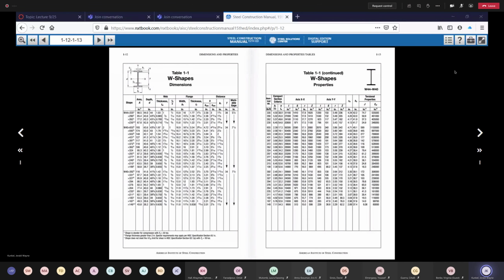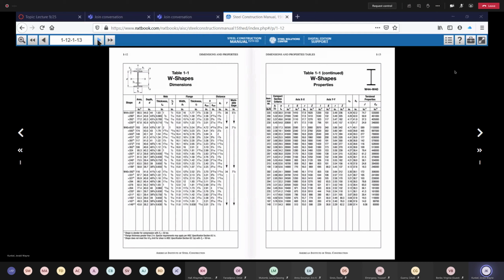Okay, here's part one of the steel manual. Now the question that you're asking is, where do we find the values for the A572 grade 50? First of all, the W shapes that we design will be grade 50. That's all that's in the manual.